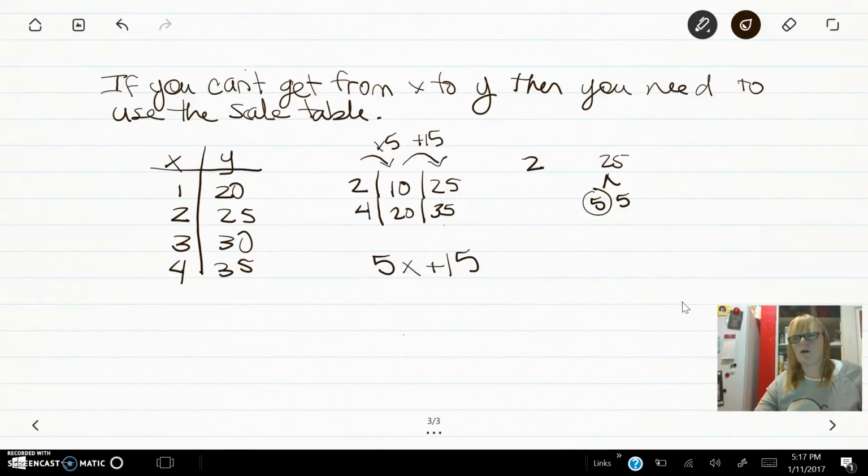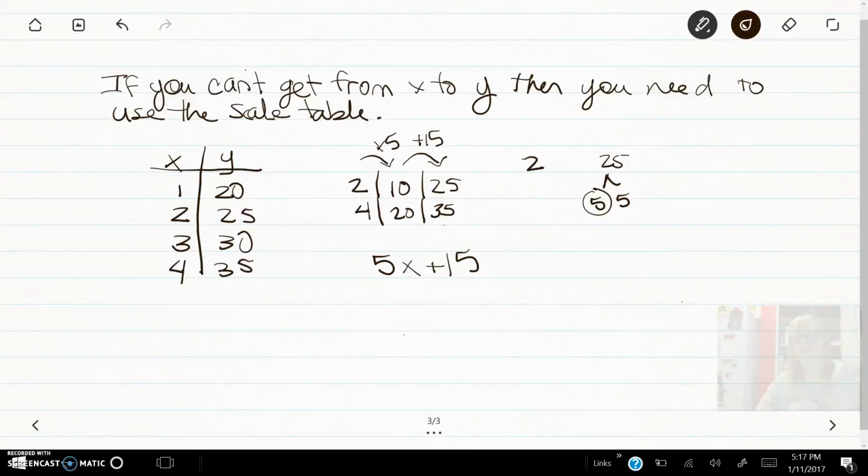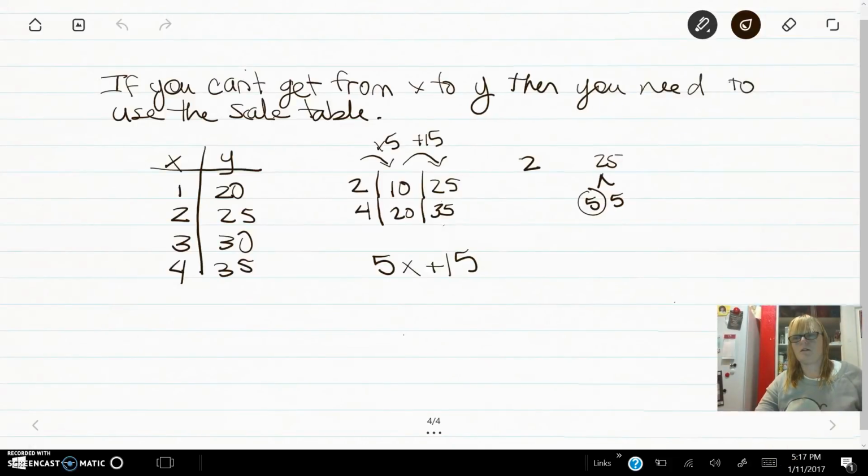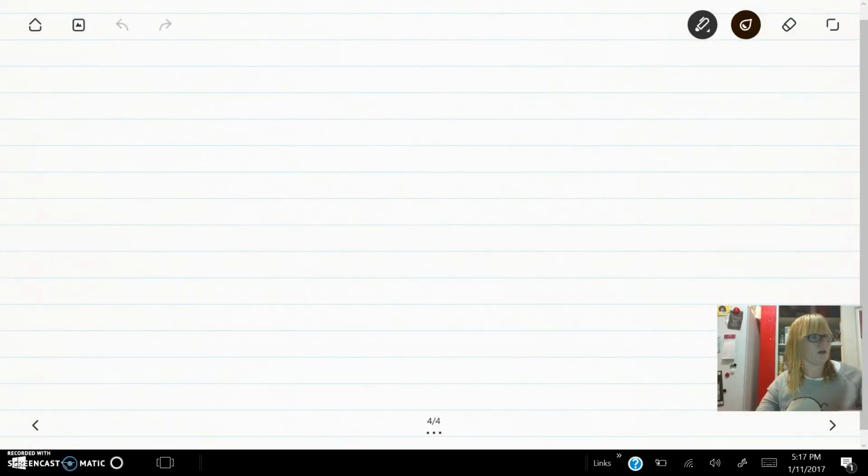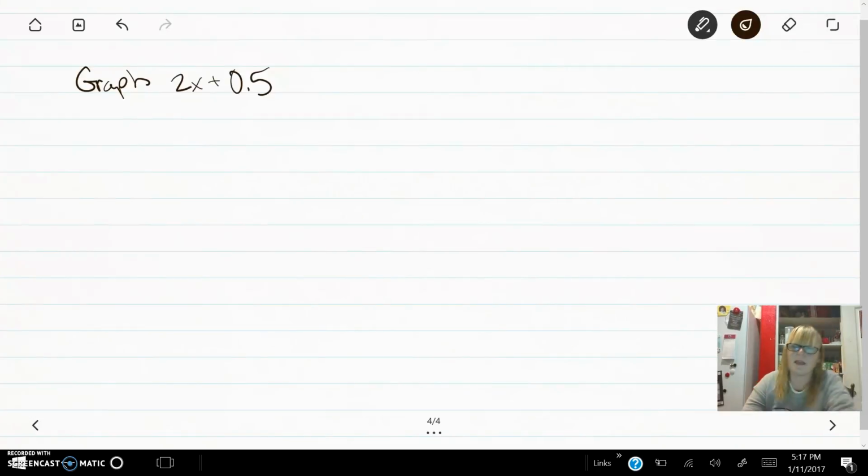All right, so let's do one more graph. We're going to graph this one. You're going to need some room, so make sure you have some room. I want to graph 2x plus 0.5. Yes, we can do the same thing with decimals.